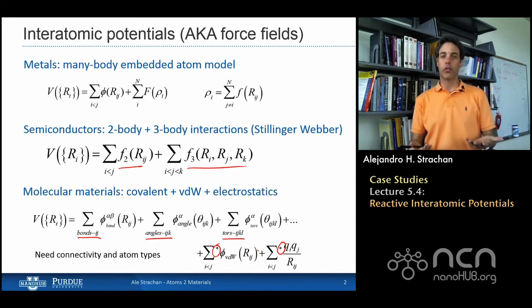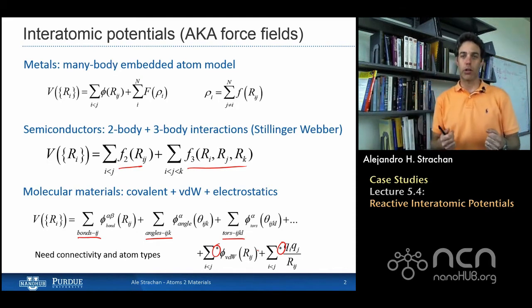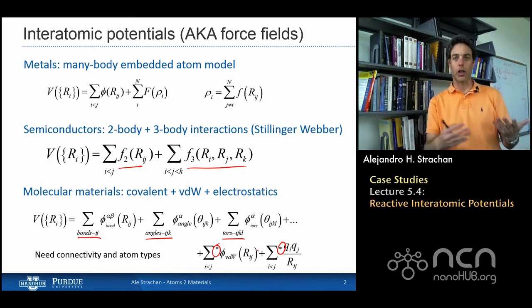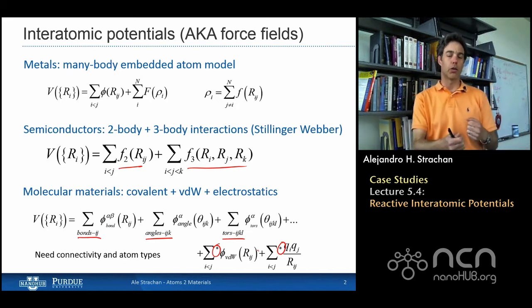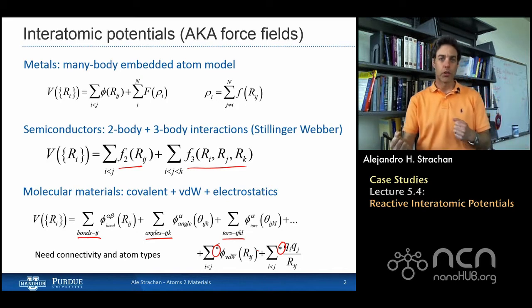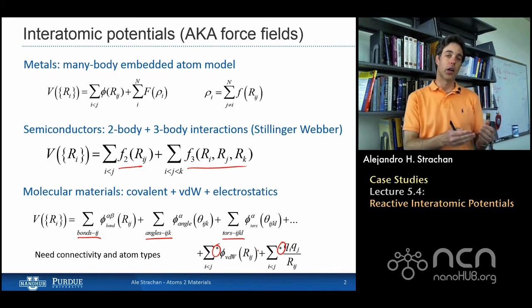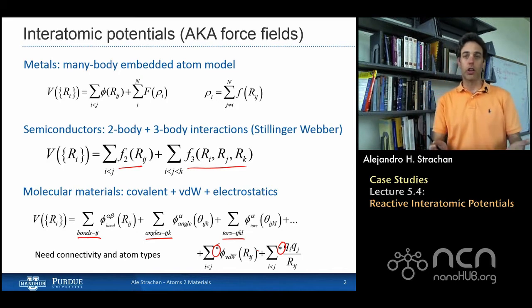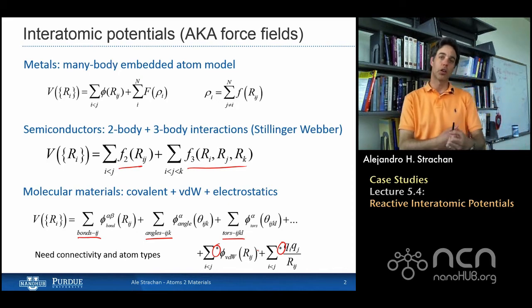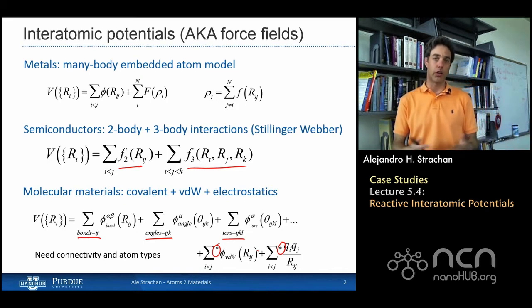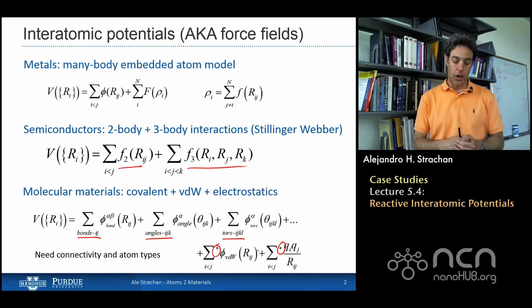So can we relax these approximations? Can we make a potential where I don't have to prescribe the connectivity, and I can allow for bonds to be broken and formed, kind of like it's done for EAM or Stillinger-Weber? In EAM, you can perfectly well break bonds, and in Stillinger-Weber the same thing.